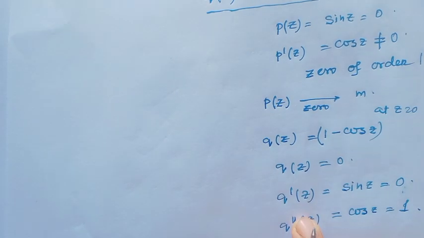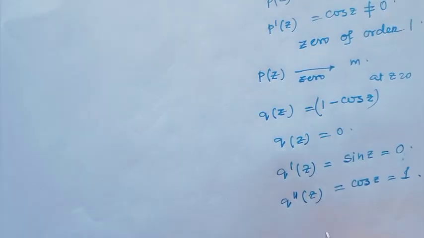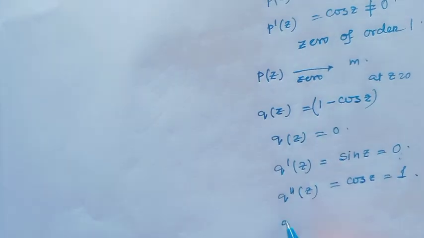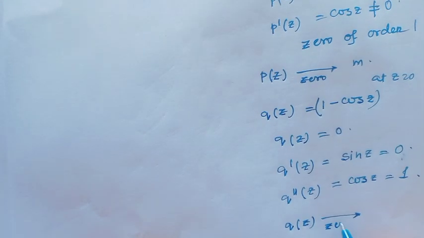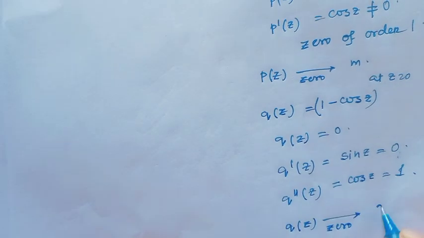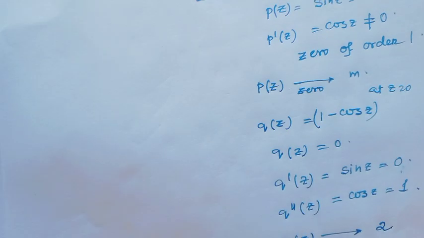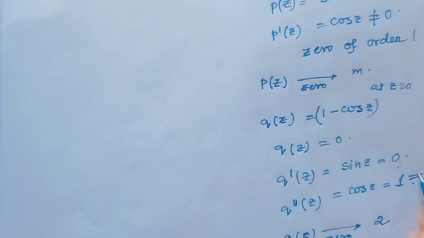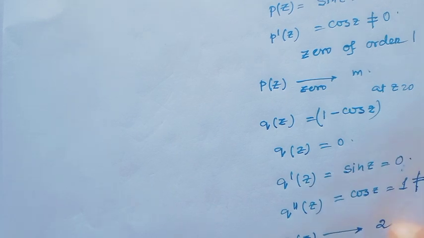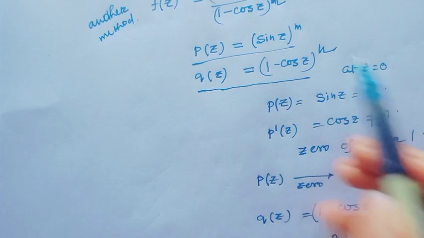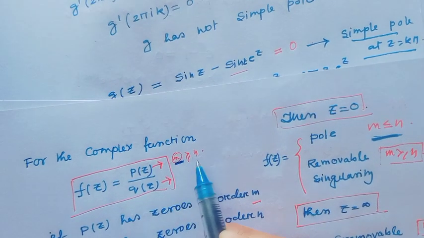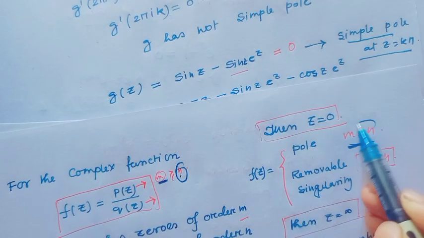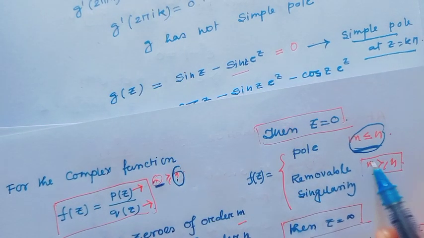That means order of q(z) is 2. But here q(z) is (1 minus cos z) to the power n, that means 2n. Therefore, when m less than equal to n, then pole, and when m greater than equal to n, then removable singularity at z equal to 0.